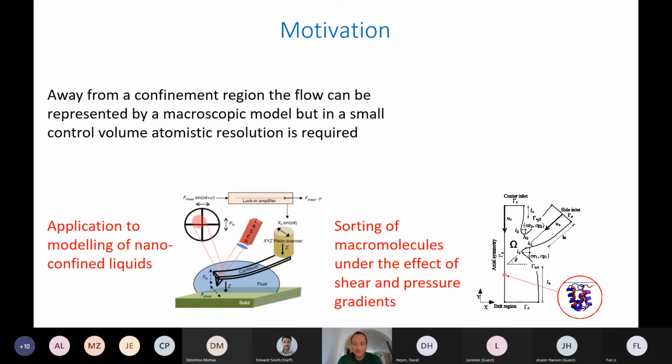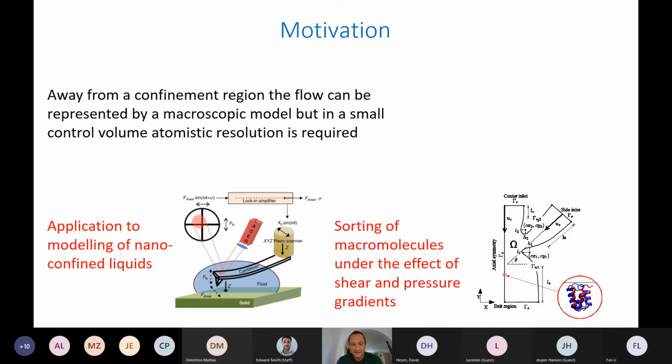Today you've seen multiple applications, but a few more to the list are the modeling of forces which occur in a small gap between the atomic force microscope cantilever and a material substrate. What happens with the forces if you also have a water layer there, and what happens if you're trying to sort molecules in a small nanoscale device under the effect of shear and pressure gradients.